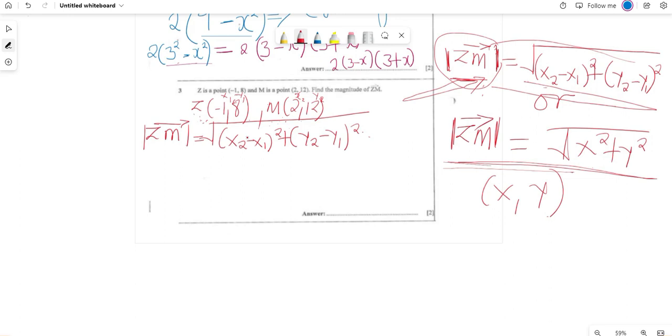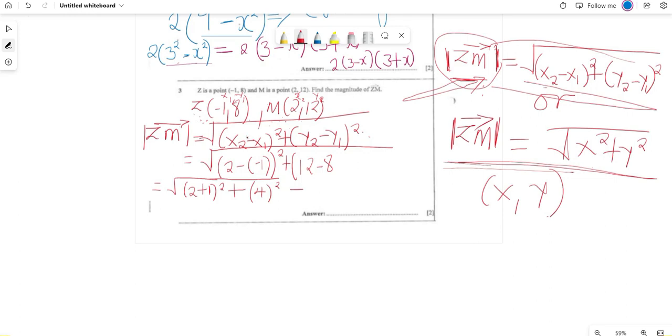Now we can easily substitute. We are going to have x2, which is 2 minus negative 1, squared, plus y2, which is 12 minus 8. Negative times negative is a positive, so positive 1 squared, plus 12 minus 8 is 4 squared.